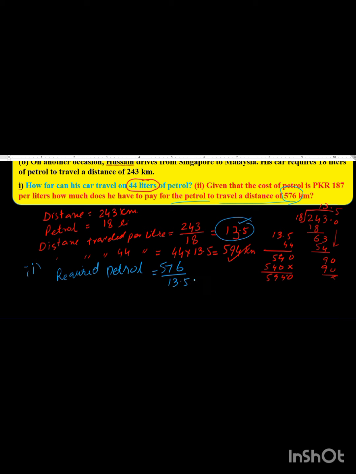Again we have to do this division, and there is a decimal in the divisor. First we will have to remove it. We will get 5760, because there is one digit after the decimal, so put a 0 on the numerator. You multiply by 10 with the numerator, and we remove the decimal, and we get 5760 divided by 135.